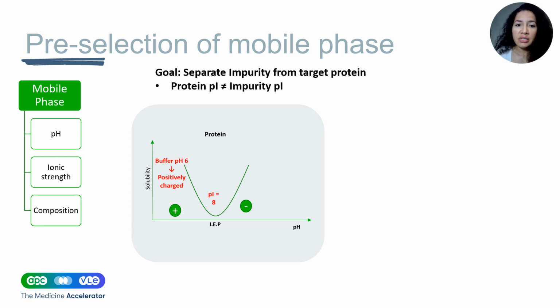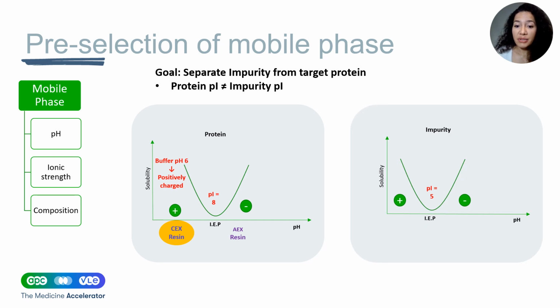So we can use a cation exchange resin to bind that protein. In the same buffer of pH 6, that impurity will be negatively charged, so it will not bind to the CX resin, and it can be removed during the flow-through.